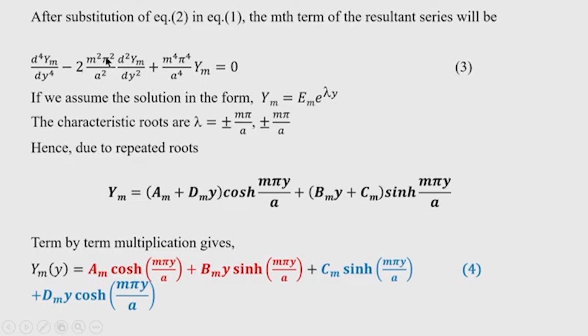Taking a general term of this series, say the mth term, we can write the differential equation as equation 3. So, it is reduced to an ordinary differential equation of fourth order.